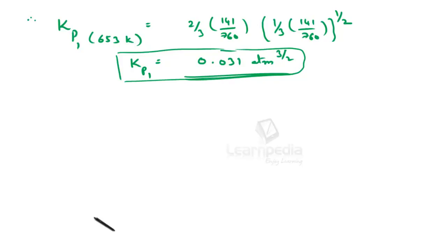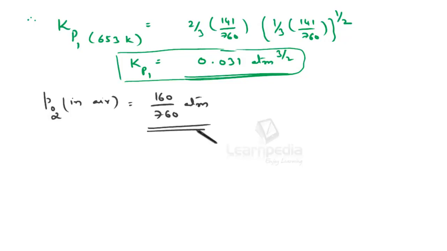But it's given the partial pressure of oxygen in air is 160 mm. That is 160 by 760 atmospheres. When this is the partial pressure of oxygen in terms of atmospheres, the partial pressure of mercury vapor is supposed to be double because they will always be in the ratio of 2:1. So therefore 2 into 160 by 760 atmospheres.